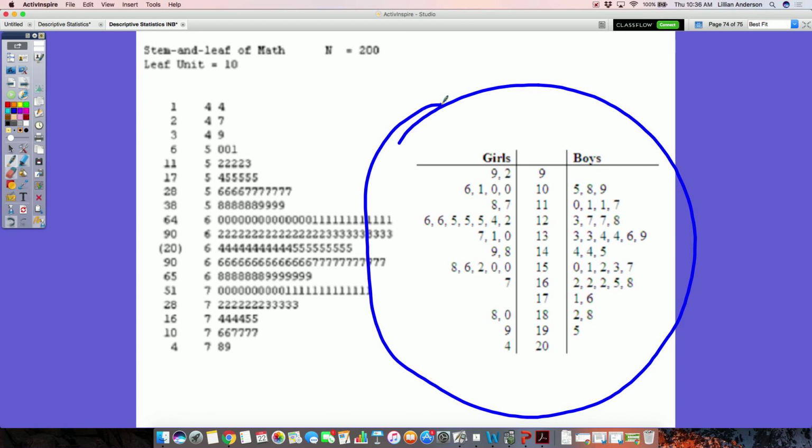Say you have a 9, oh actually let me not use 9. So if this was your key, this was 6, and this was 5. This could mean 105 or 106, depending on what the key tells you. Look at the one that talks about shoe sizes for 4th graders and 5th graders.